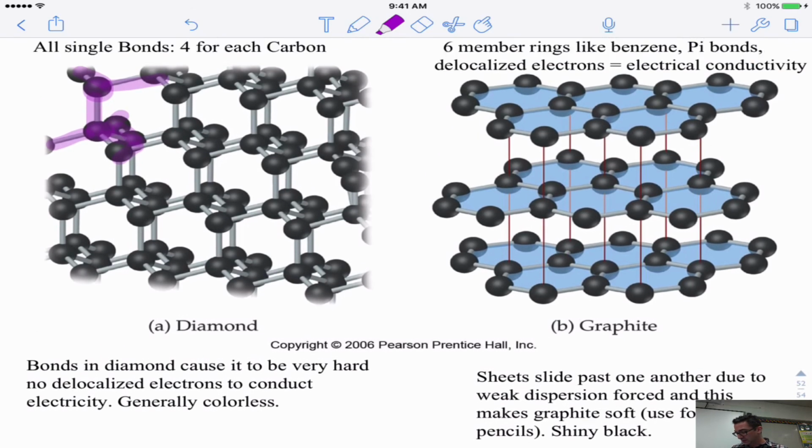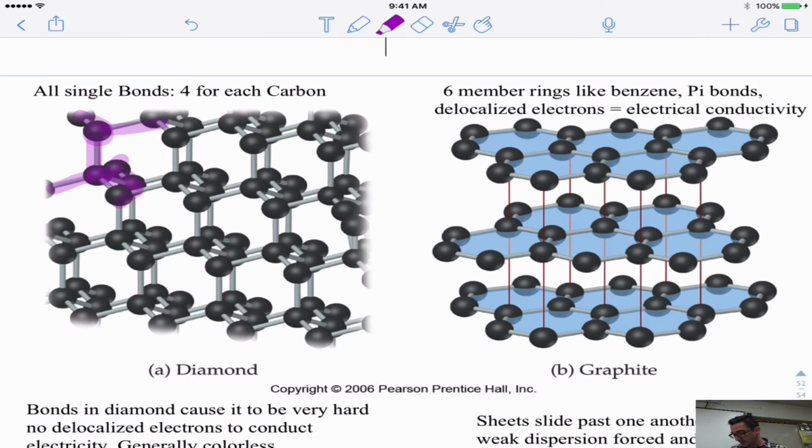Now here's another interesting case for a network solid. This one is graphite. And graphite's interesting because even though it's a network solid, it's really soft. It has a high melting point, but it's really soft. And that's because the network of the carbons are in these sheets.